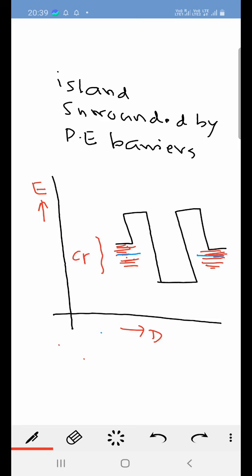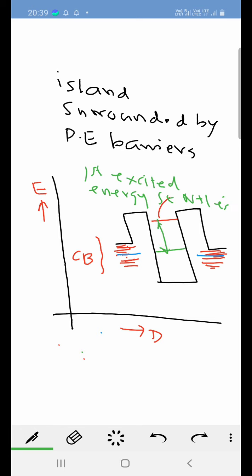This is the first excited energy state of n+1 electrons.